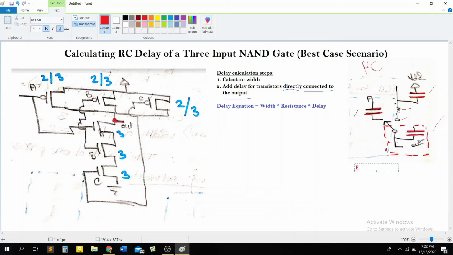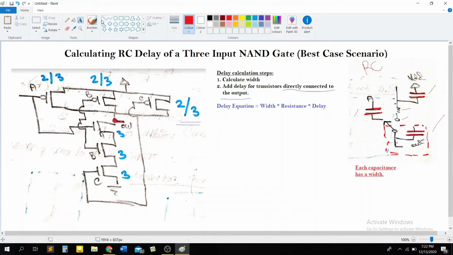This 2x3 which we calculated was the width for a single PMOS. So this capacitance has a width of 2x3. Excuse my writing, it's awful, I know. So this one also has a width of 2x3. And the same can be said for this one. It has a width of 2x3.